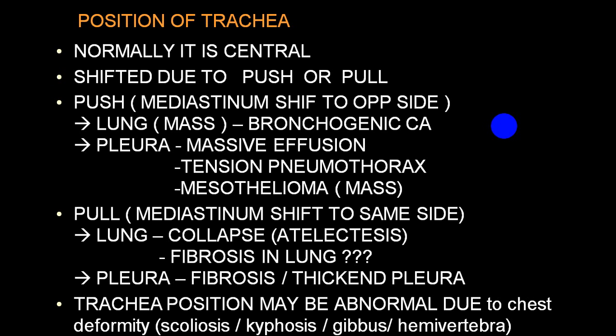In lung conditions like a big mass, bronchogenic carcinoma, major causes are pleural conditions: massive pleural effusion, tension pneumothorax, and mesothelioma.